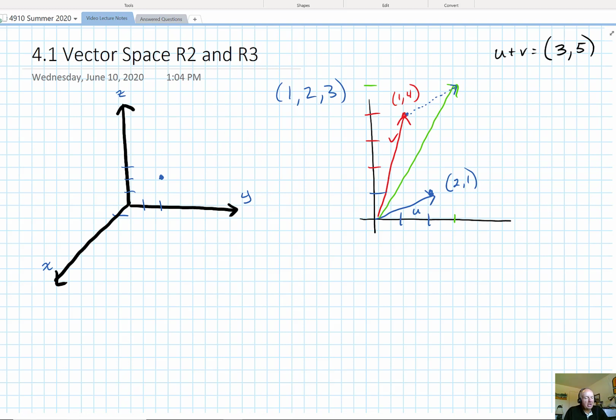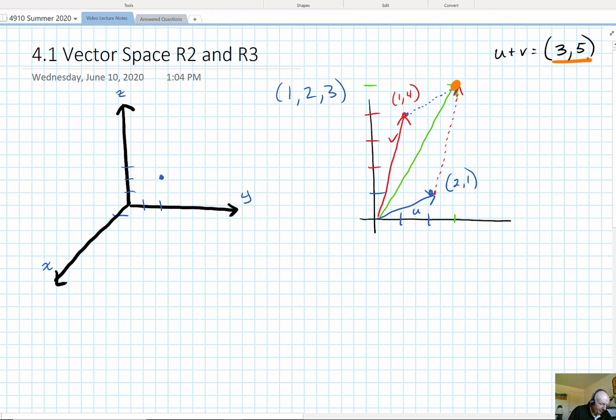Basically what I've done is I've started off with v, and then I've tacked on u, and look where I end up with the sum, right? Or if I do it the other way, if I go u first and then start at the end of u and put in a copy of the v vector going in the same direction and the same length, all of them meet right there at the end of that green vector, which is the 3, 5 vector.